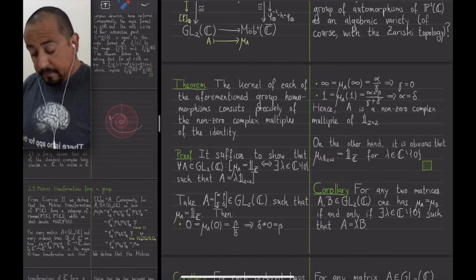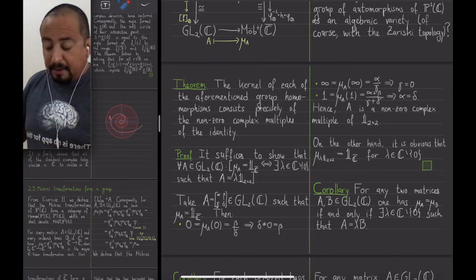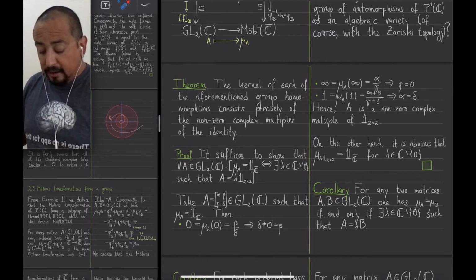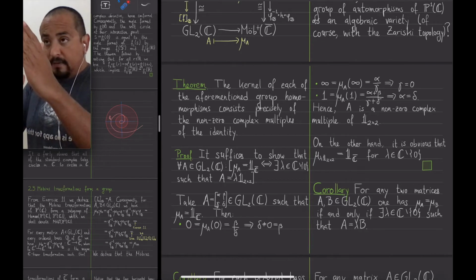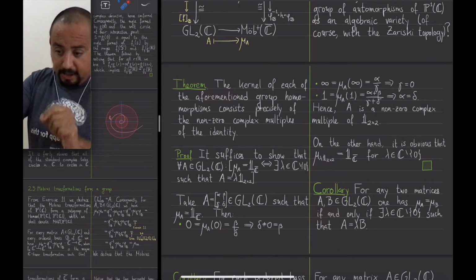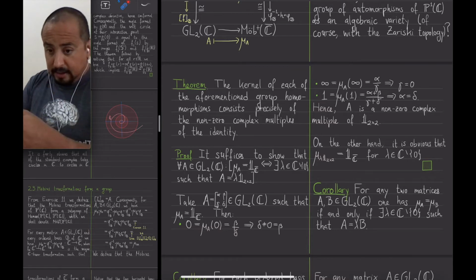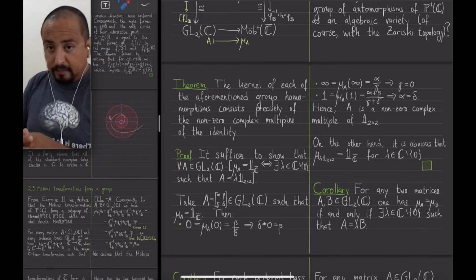So you see, as a parenthesis, we are actually showing that if we have a matrix and its associated Möbius transformation fixes 0, fixes infinity, and fixes 1, then the matrix is a multiple of the identity matrix, hence its Möbius transformation is the identity.